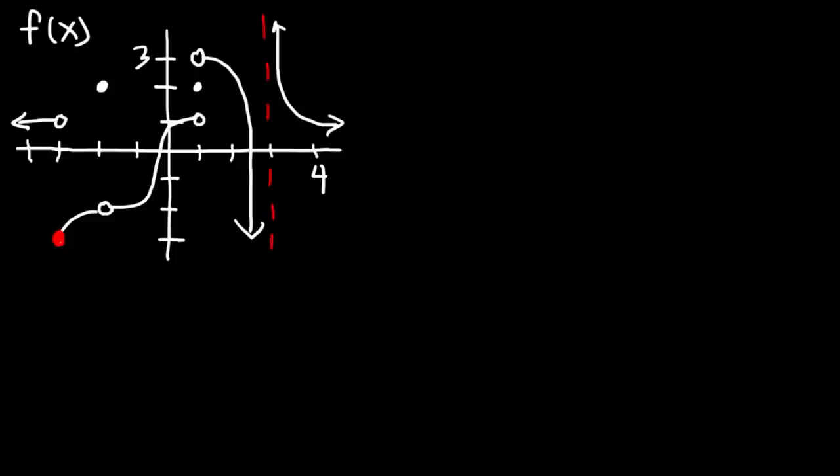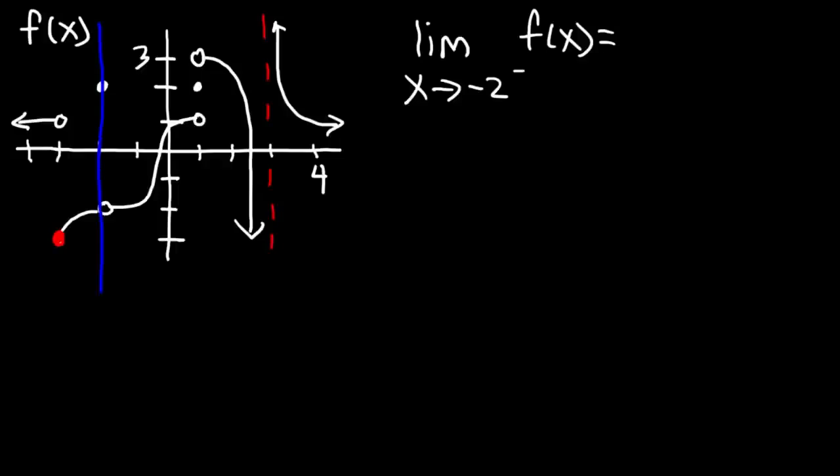Now let's work on some more problems. So what is the limit as x approaches negative 2 from the left side? Go ahead and try this one. So identify the vertical line at negative 2. So we want to approach that line from the left side. So notice that the y value is negative 2.